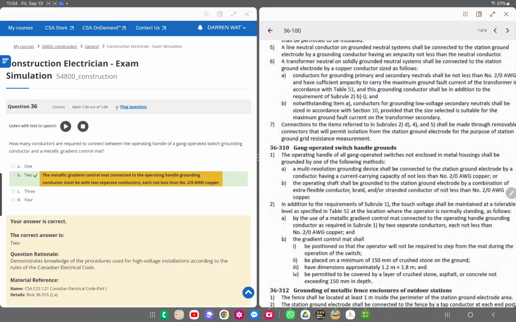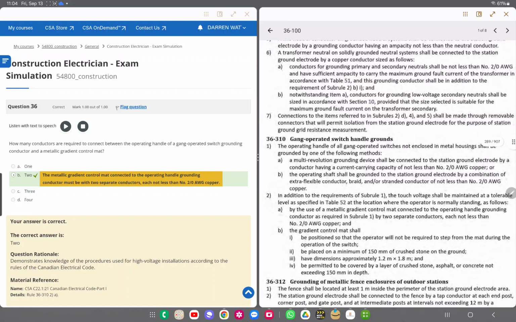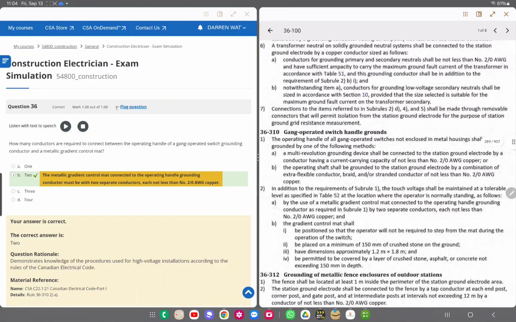So now we're looking at how many conductors are required to connect between the operating handle of a gang operated switch grounding conductor and a metal gradient control mat.